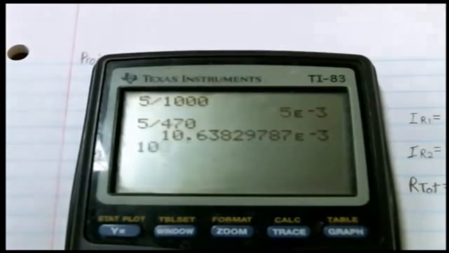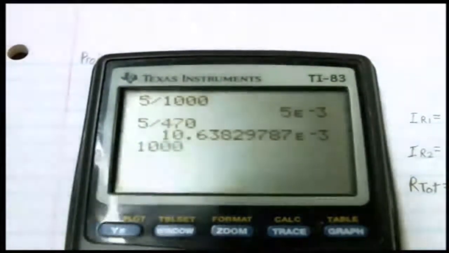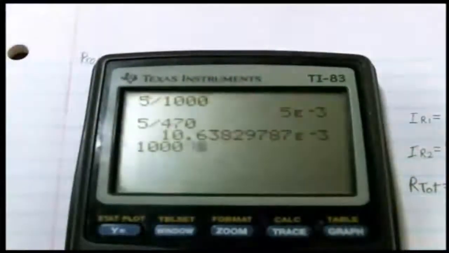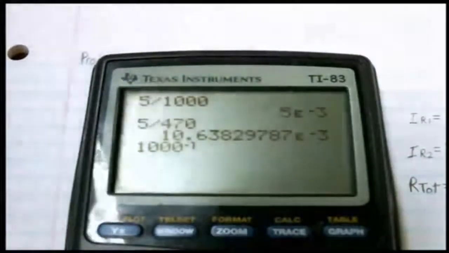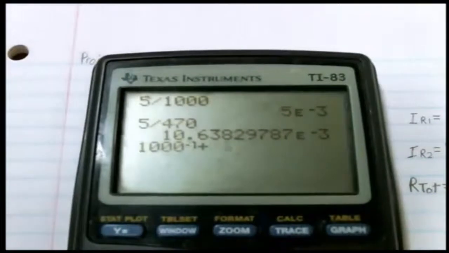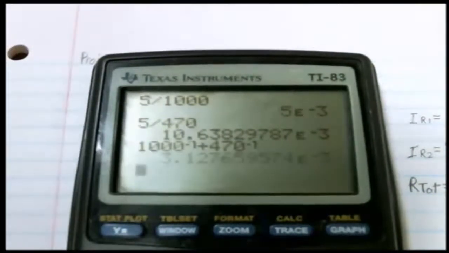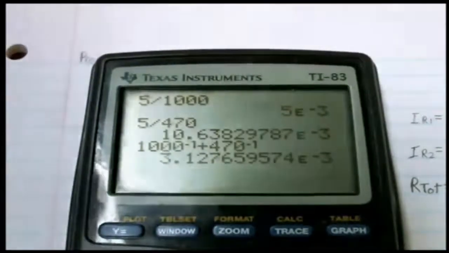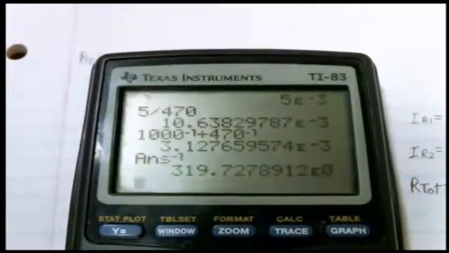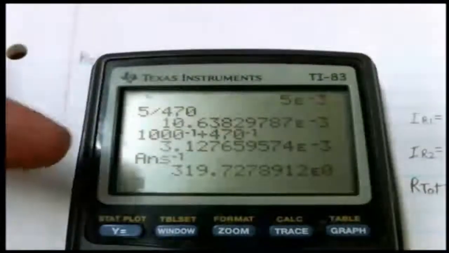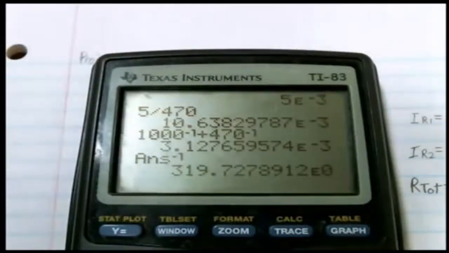So 1000 reciprocated, which is just 1 over 1000, plus 470 reciprocated, and now reciprocate that answer, and there's the collective resistance. So 320 ohms would be the equivalent resistance of the two resistors.